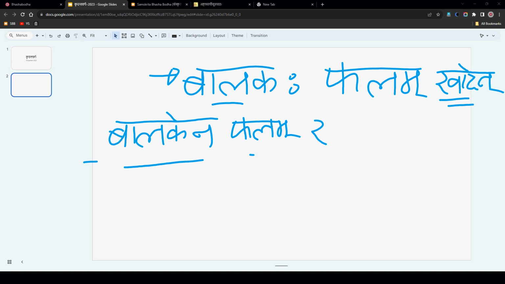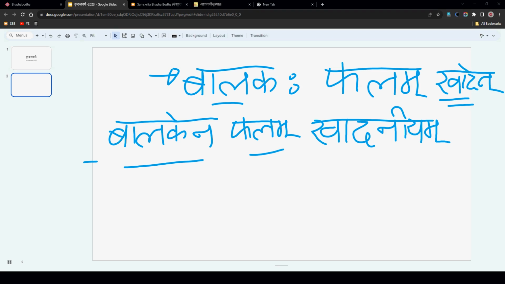So now, balakena phalam khadaniyam. That is easy. Or khaditavyam. You can use both. To convey the same meaning, instead of that vidhiling khadet, you can turn it to karmani: balakena phalam khadaniyam.